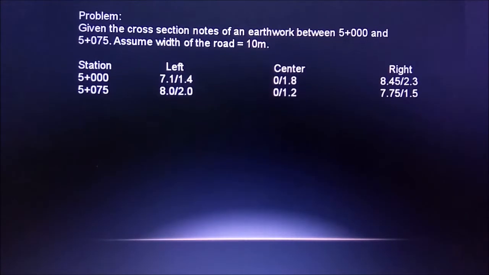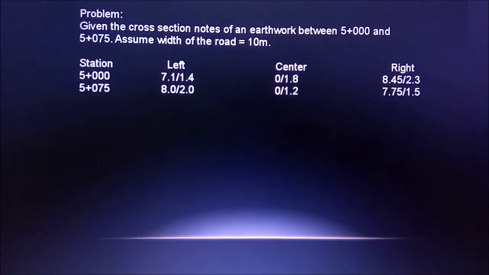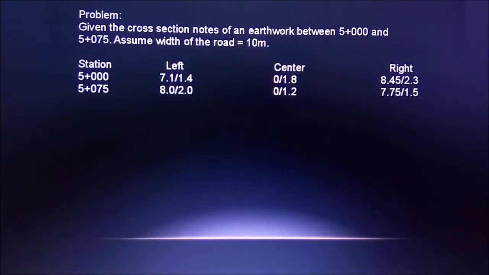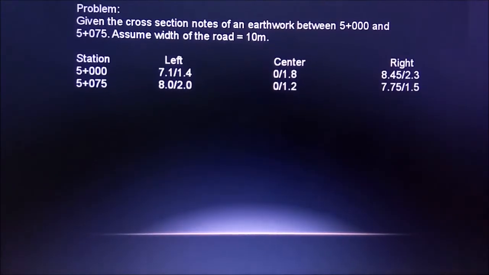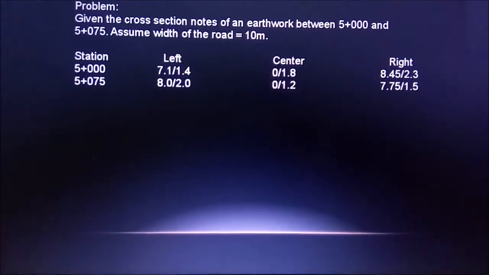Next station is 5 plus 075: left 8.0 over 2.0, at the center 0 over 1.2, and the right is 7.75 over 1.5.